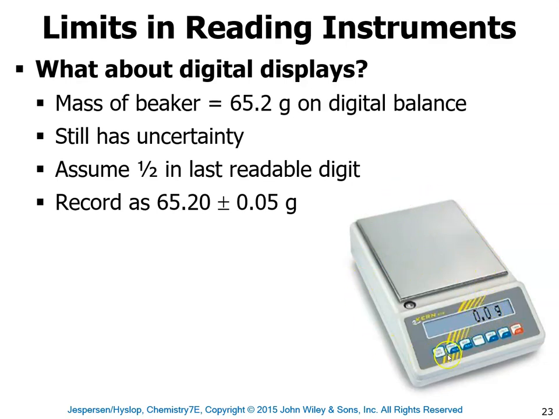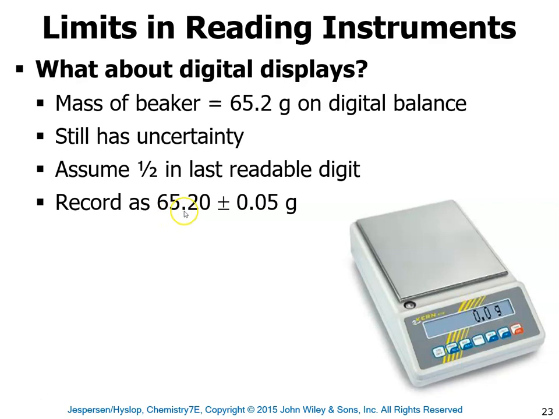That means that you have a more precise scale, but that last number is always a guess. So you assume half in that last readable digit there. So you would record this on a scale, even though it says 65.2, you put 65.20 plus or minus 0.05.